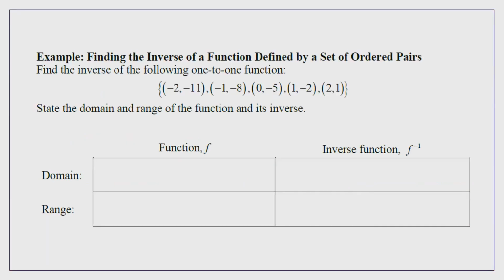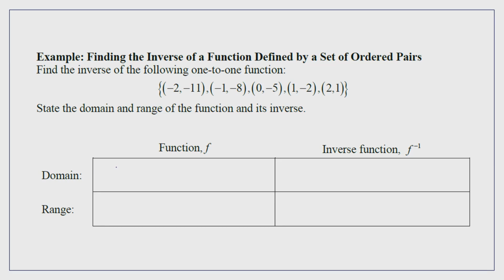So let's do that in this example. Find the inverse of the following one-to-one function, and then state the domain and range of the function and its inverse. Okay. So for the function f, let's first state the domain and range, which will allow us to easily then state the inverse function, its domain and range.